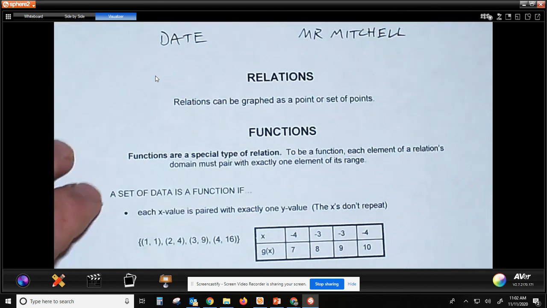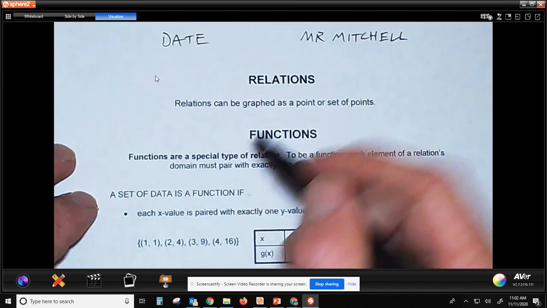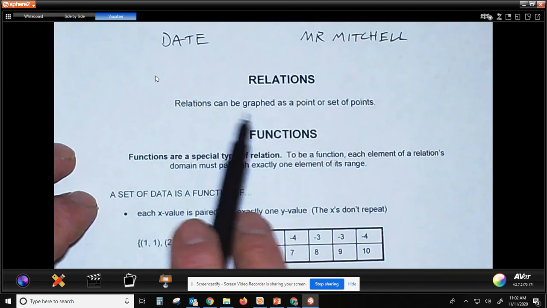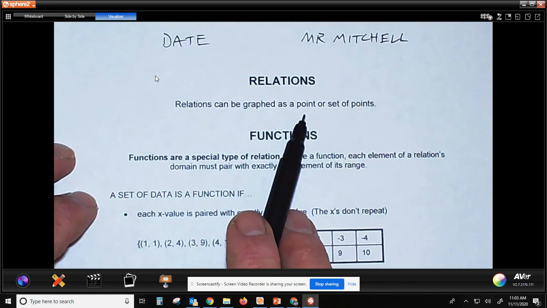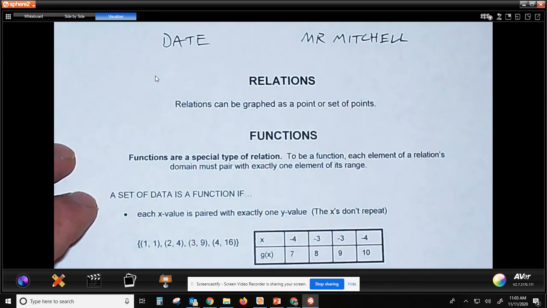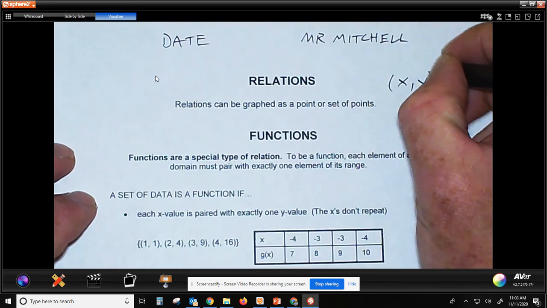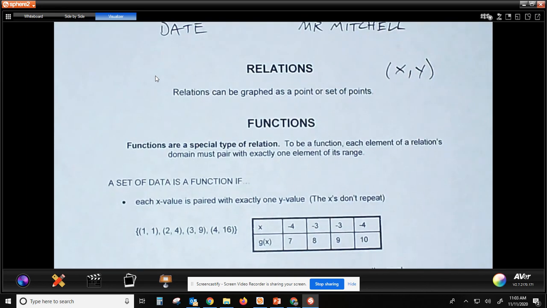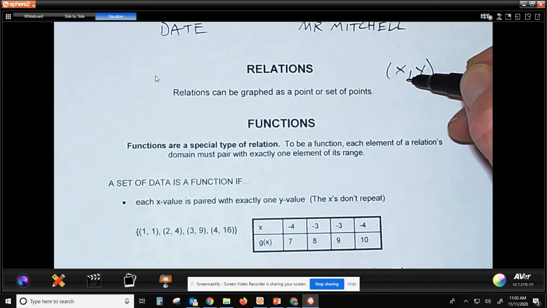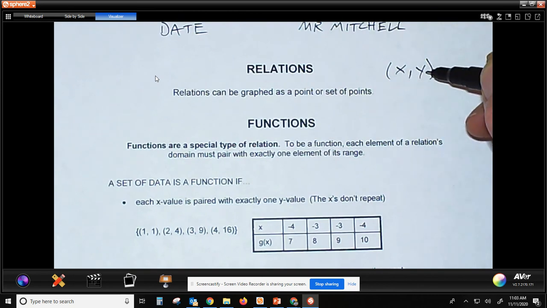All right. There's some terms here. A relation. A relation can be graphed as a point or a set of points. So I can write a relation that's something like x and y. I can graph x on an x-axis. I can go to an x distance on an x-axis and up y like we did in Battleship.